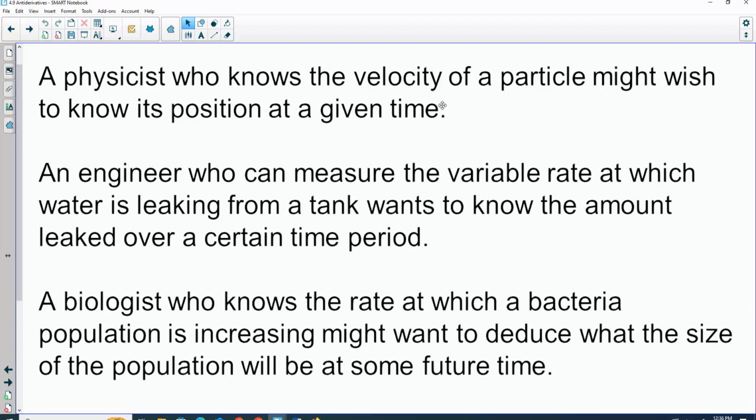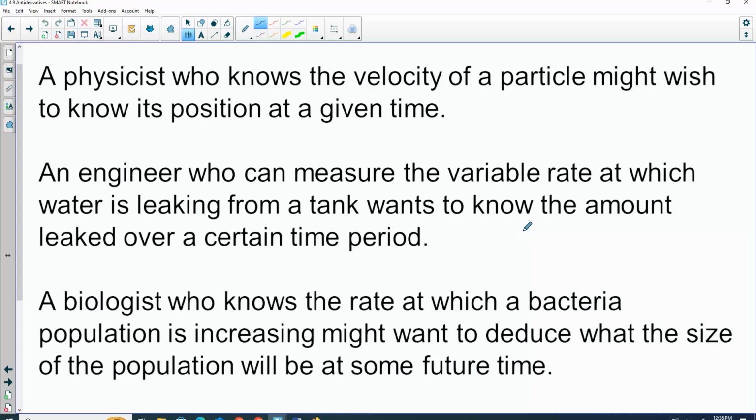So this is just kind of giving some motivation. If you have a physicist who knows the velocity of a particle, you might wish to know its position at a given time. That seems reasonable, right? If you know how fast something is moving, might you want to know where it's at a given point in time? Or an engineer. You can measure the rate that water is leaking from a tank. You want to know the amount that has leaked over a certain period of time.